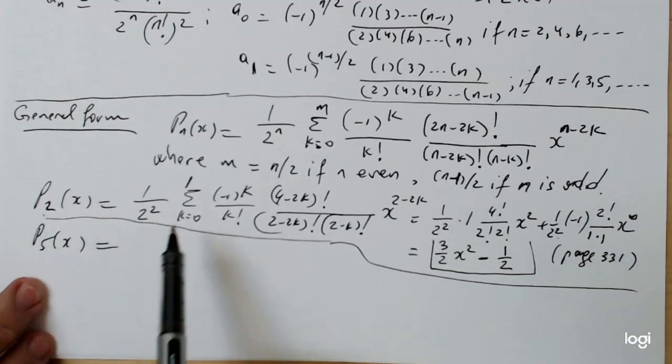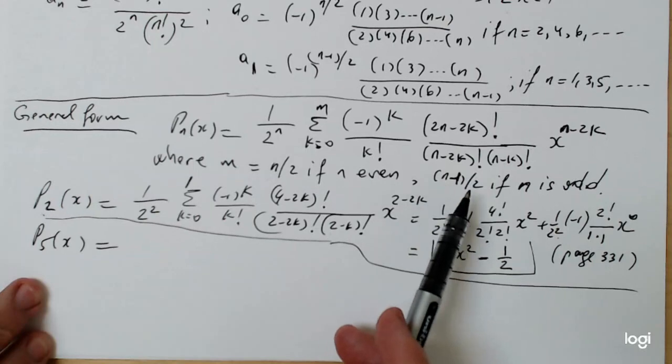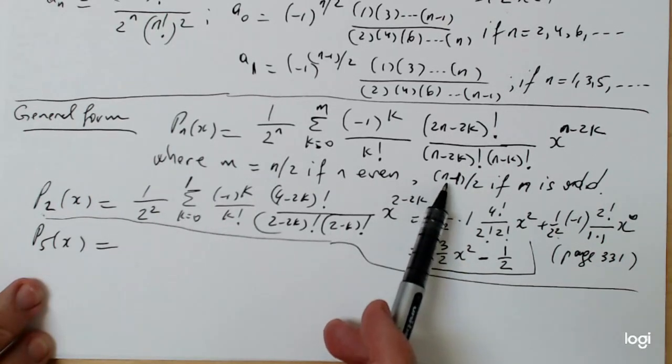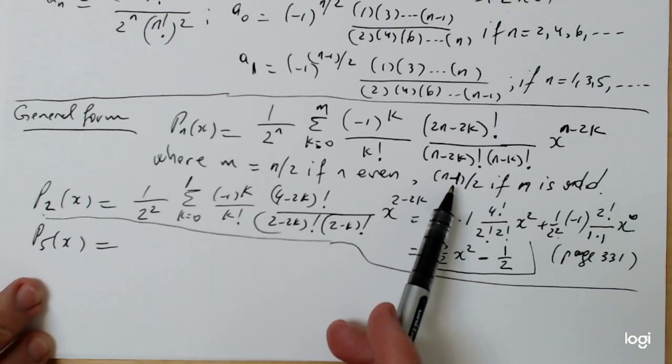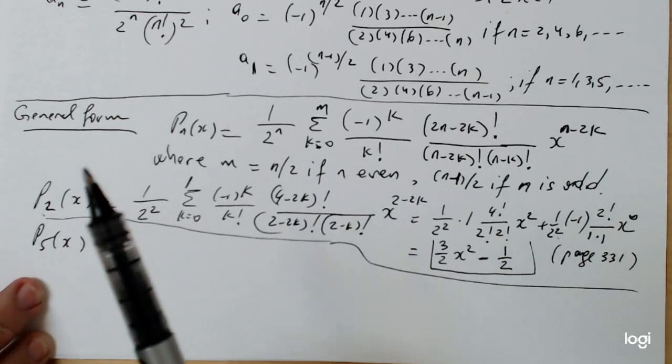P5 of x. Now, pay attention here, the summation goes up to n minus 1 over 2. n is 5, 5 minus 1 is 4, 4 over 2 is 2. So the summation goes from 0 to 2. We have 3 terms.